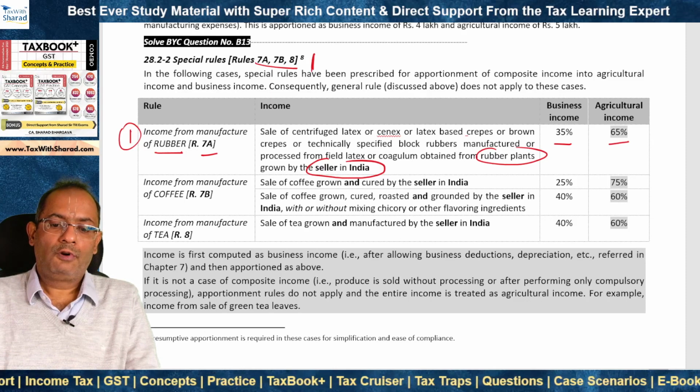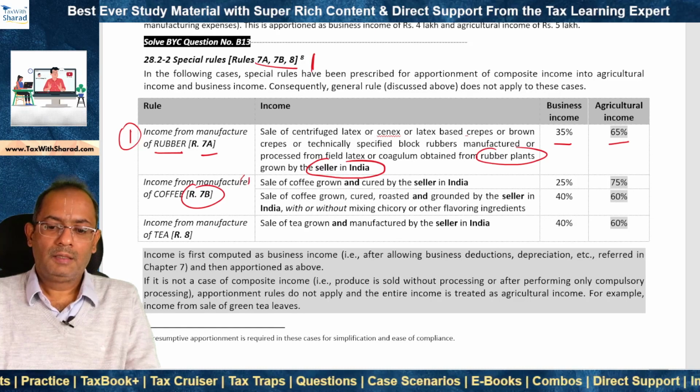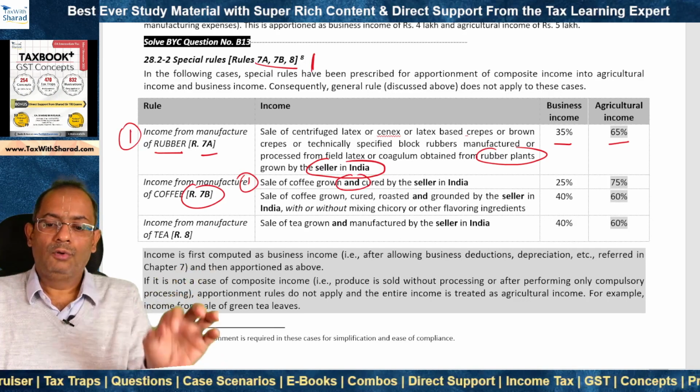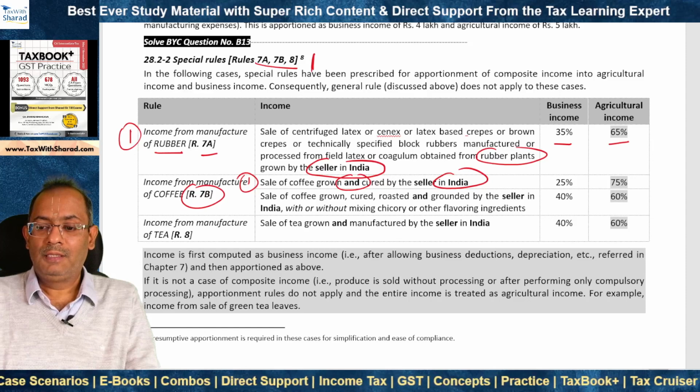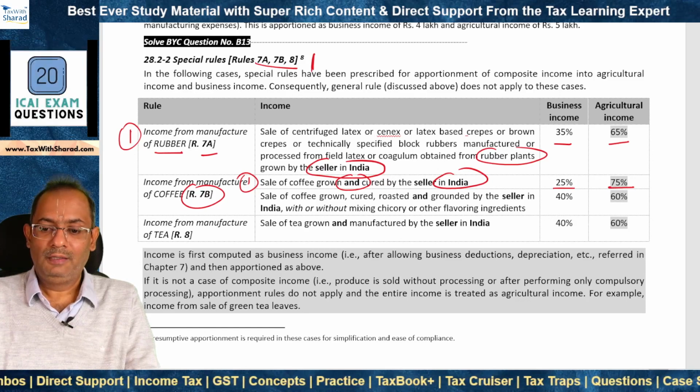Income from manufacture of coffee is covered by rule 7B, and there are two cases. In the first case, there is a sale of coffee which is grown and cured by the seller in India. In such case, taxable business income is 25% and the balance is exempt agricultural income of 75%.